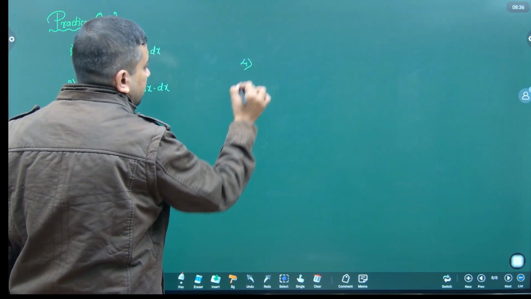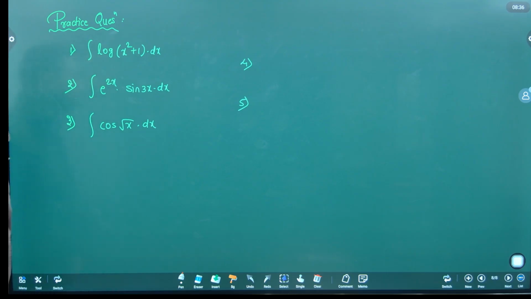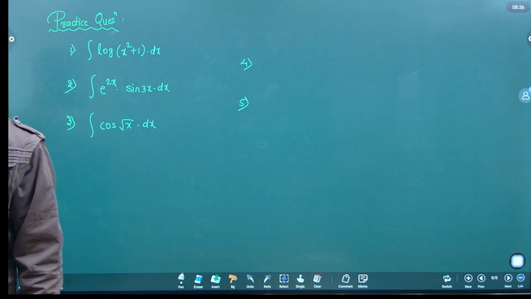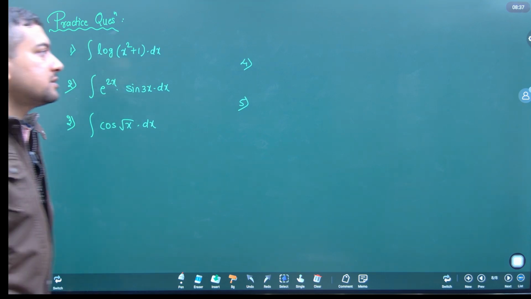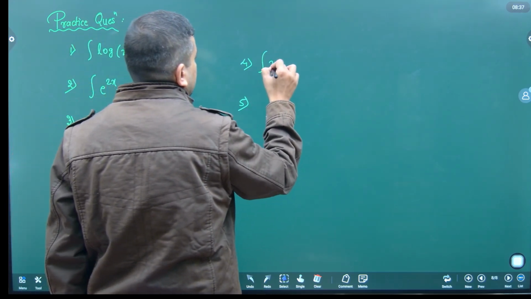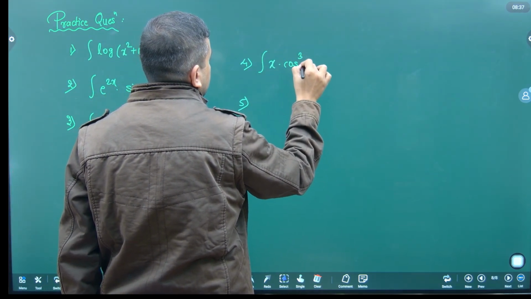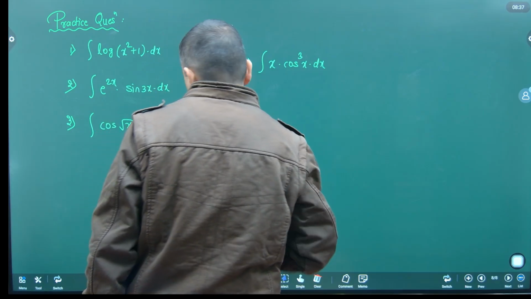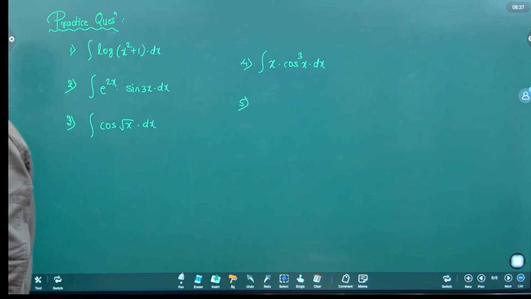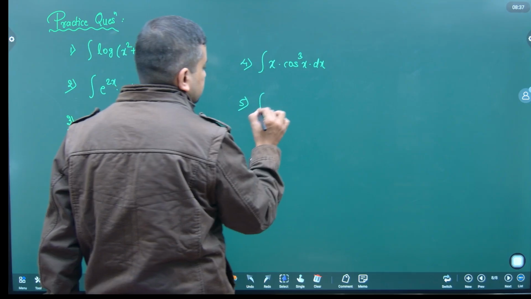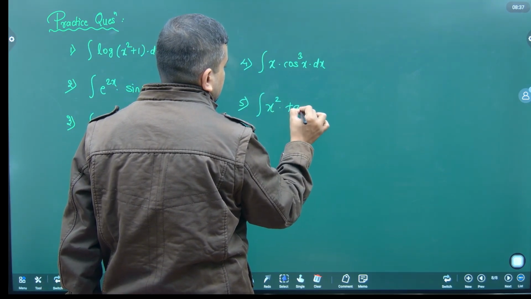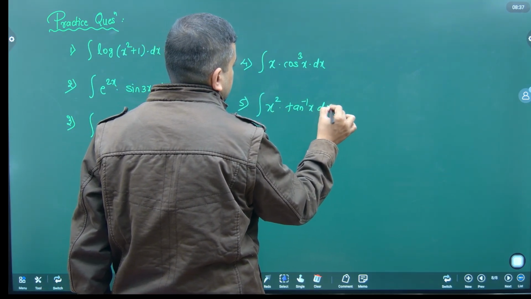Then fourth and fifth. Fourth one is integral x into cos cube x dx. Okay, and the last one: integral x square into tan inverse x dx.